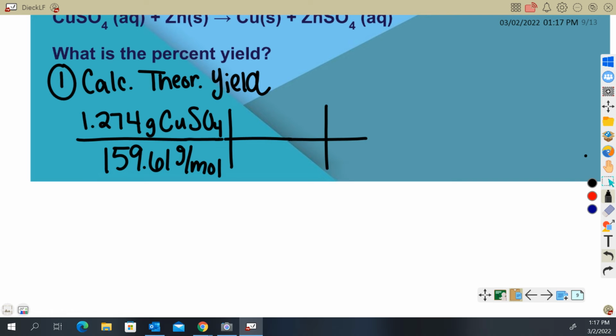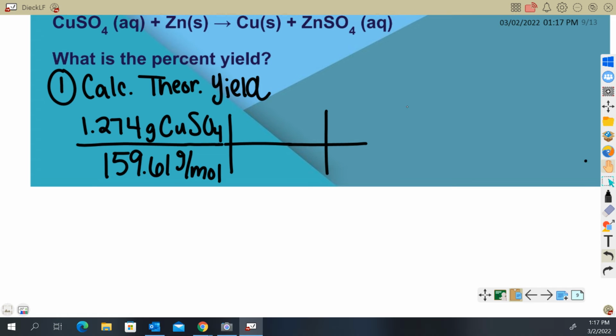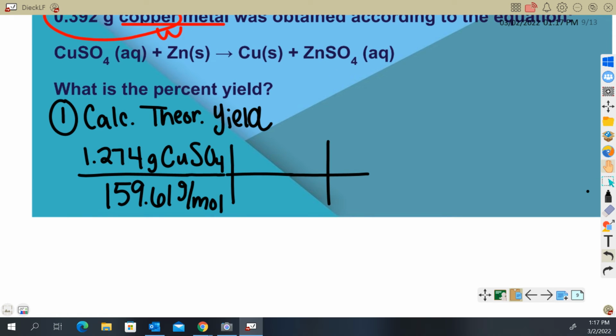I'm trying to get to grams of copper. So what is my mole ratio looking at this equation? What's in front of copper? 1. So 1 copper. What's in front of copper sulfate? 1 copper sulfate.